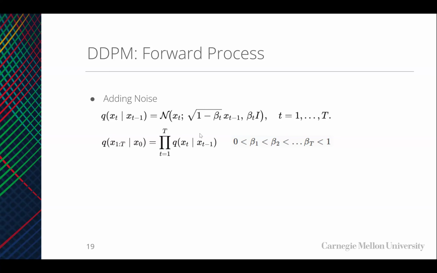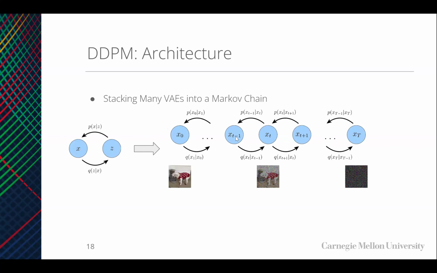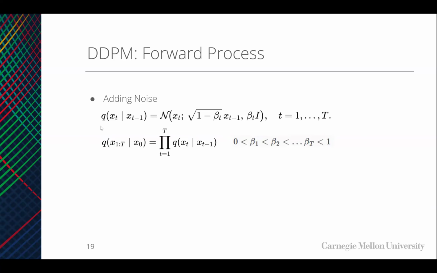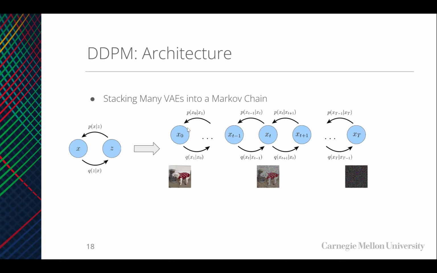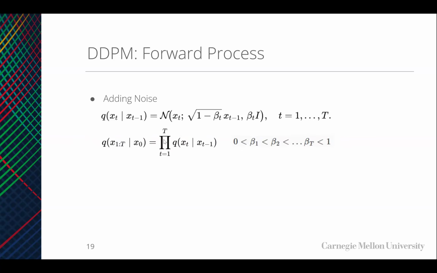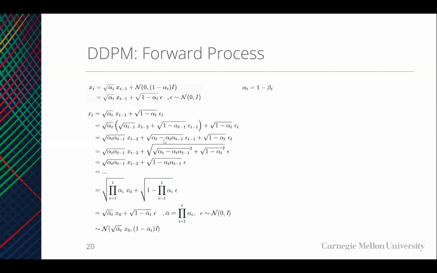And there's a property of this structure. It's called a Markov chain. The property is that the distribution of one variable is only dependent on the variable that is one step later than it. This gives us a pretty good property, because according to the Bayesian rule, you're going to have a lot of stuff multiplied together if it's not a Markov chain. But because it is a Markov chain, you can do this. And you apply the property of Gaussian distributions.